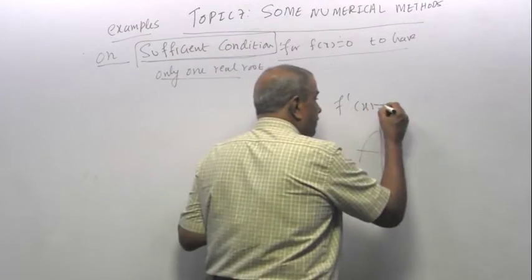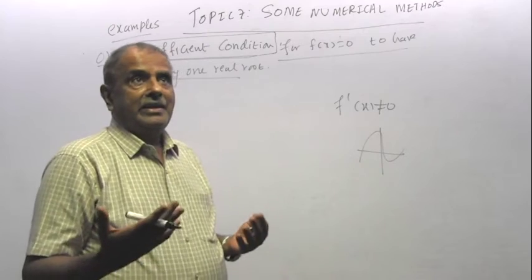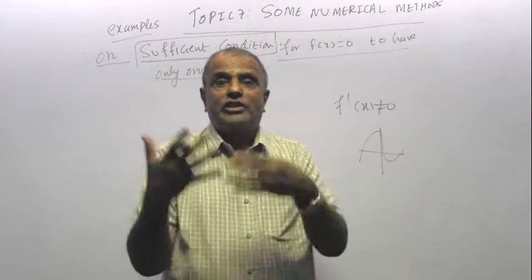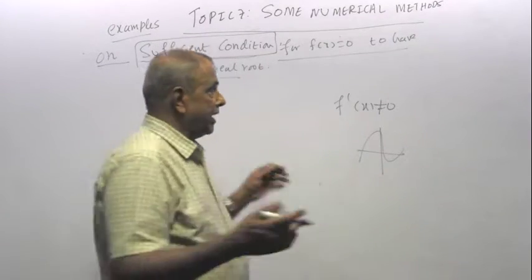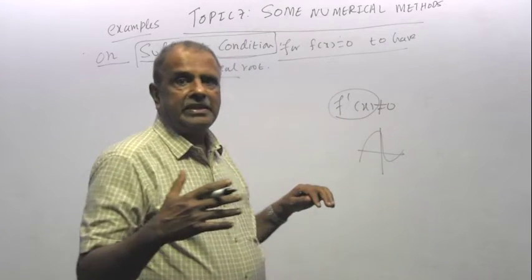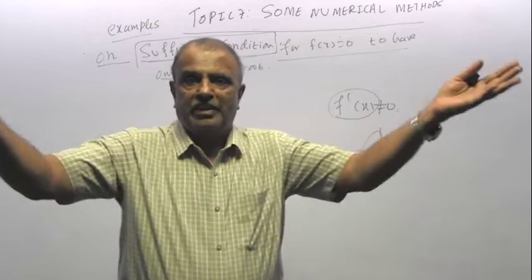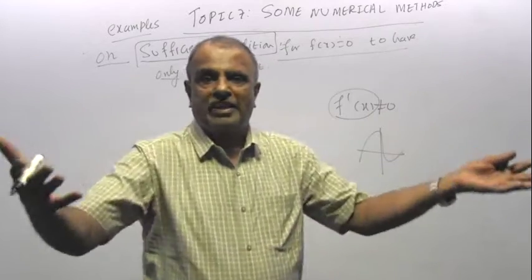But if f dash of x is not equal to 0, meaning there are no stationary points, then the gradient is always increasing or always decreasing.